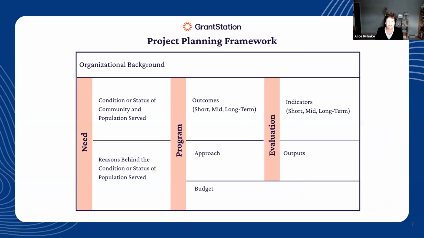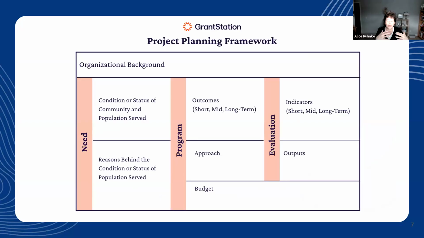So I talked about a comprehensive grant template. This is something that we use to teach about grant writing at GrantStation, and it's a project planning framework. And we talk about how you use this and how the process allows you to get all of this information down.